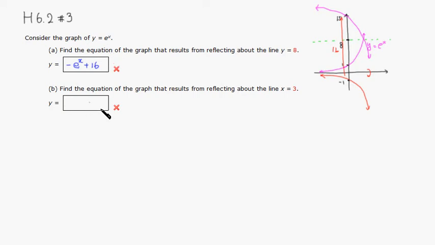Part B: we want to find the equation resulting from reflecting about x equals 3. Let's draw a picture here. Here's the y-axis. Then you have the exponential function again, so it looks like this.